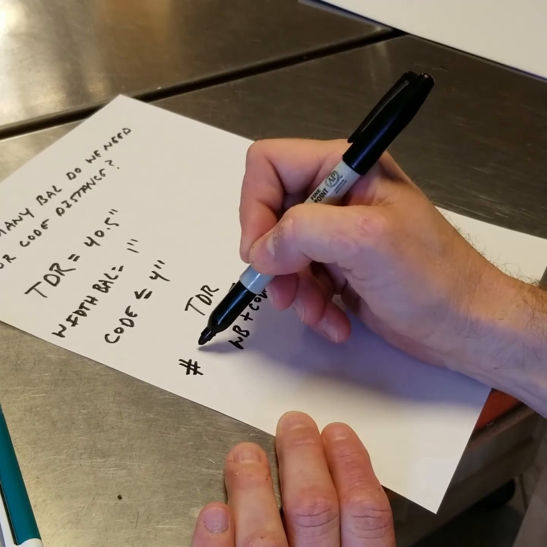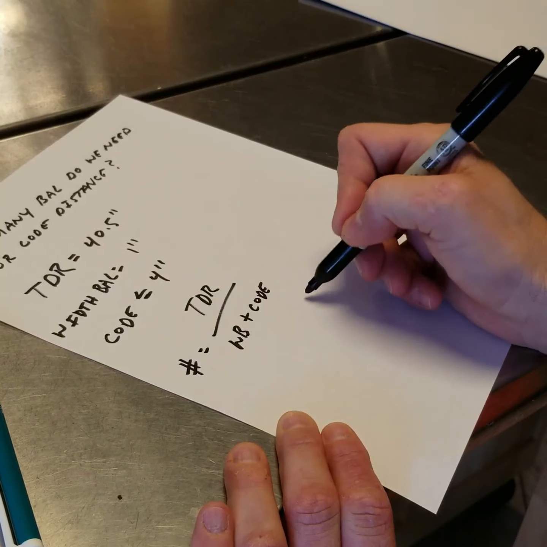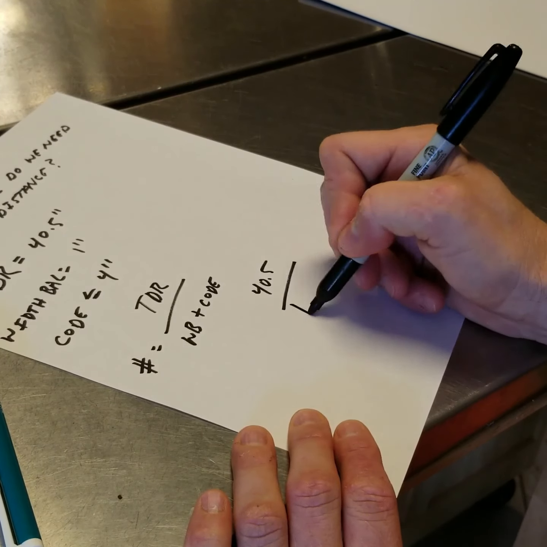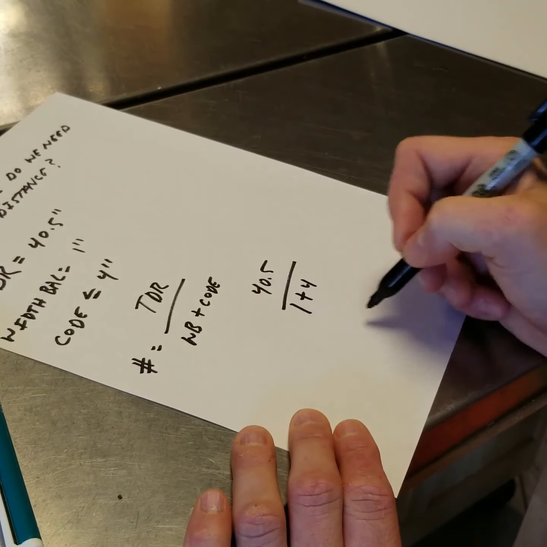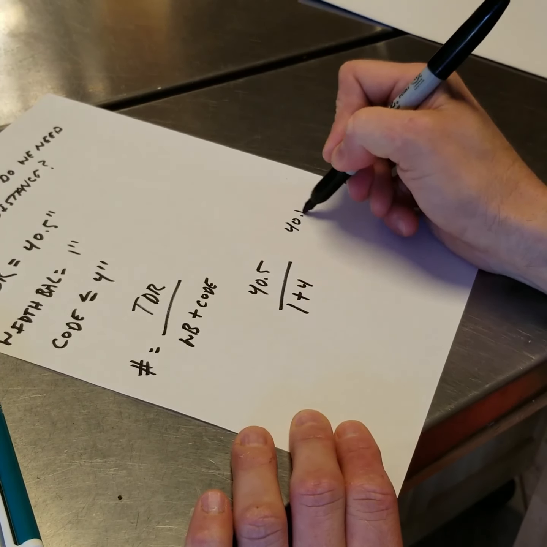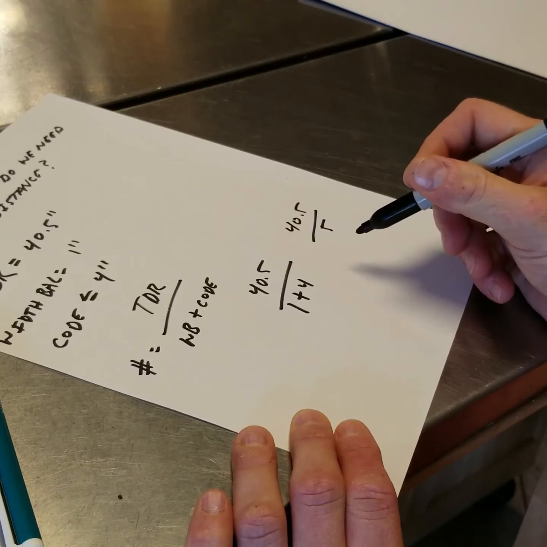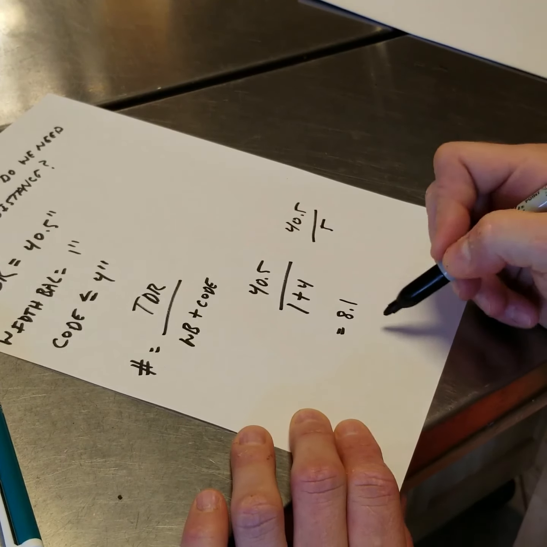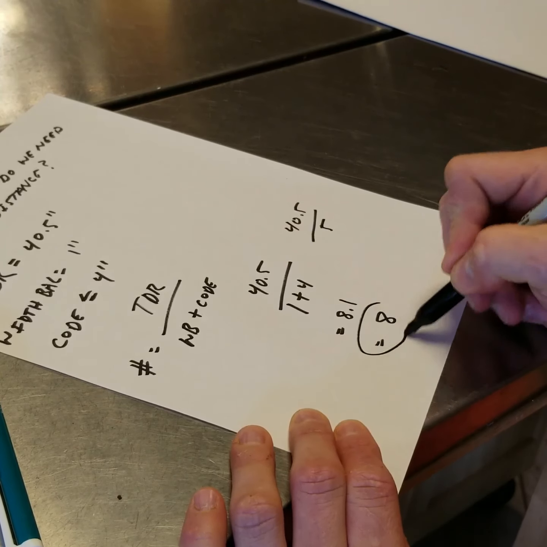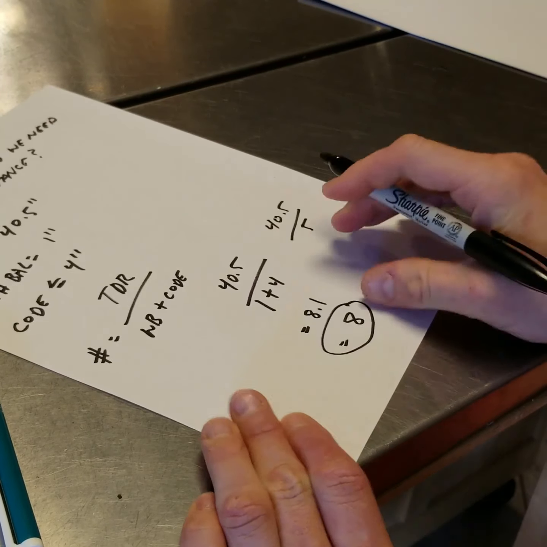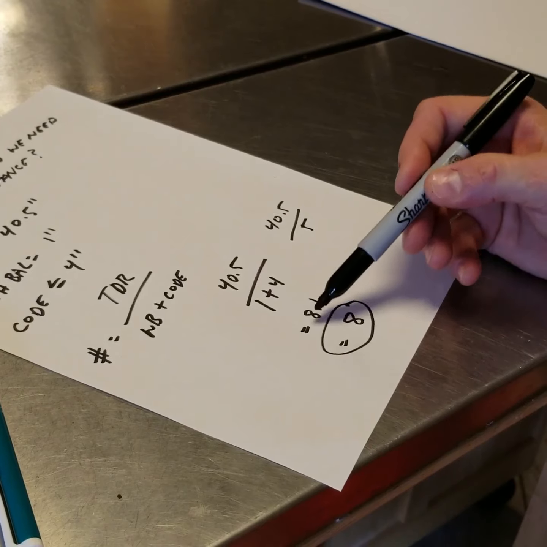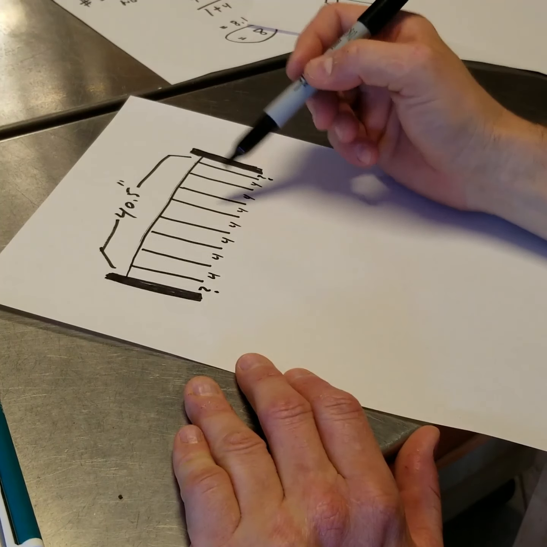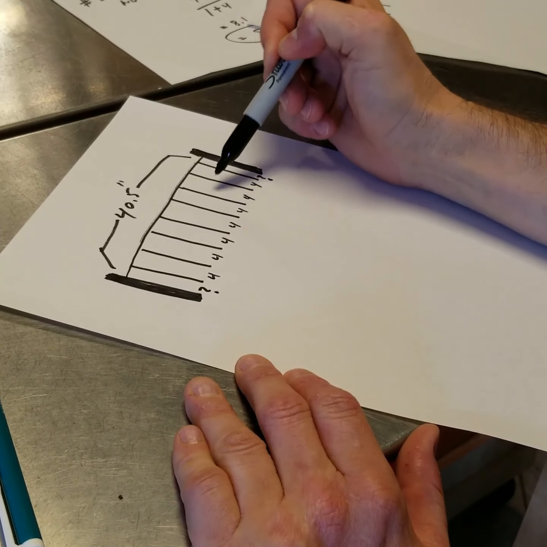So number needed: 40.5 divided by 1 plus 4 equals 40.5 divided by 5, and that's going to give us 8.1. Now with this, we're going to simply round to the whole number. So now that we determined that we need 8 balusters: 1, 2, 3, 4, 5, 6, 7, 8.